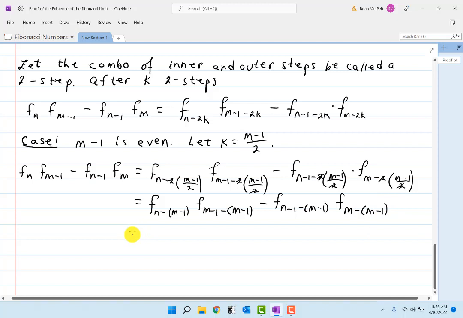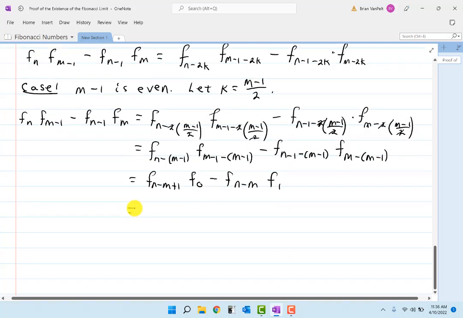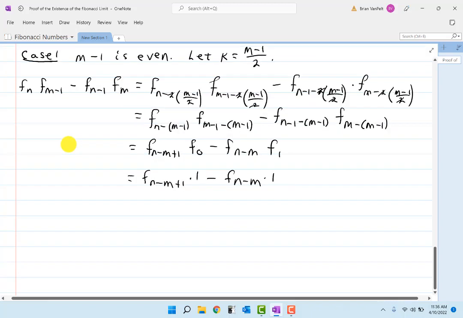And now let me go ahead and simplify each of these things. I have f sub n minus m plus 1, f sub 0, the m minus 1's canceled there. Then I have f sub n minus m times f sub 1. Well, these are easy. We have f sub n minus m plus 1, f0 is 1, minus f sub n minus m, f1 is also 1.